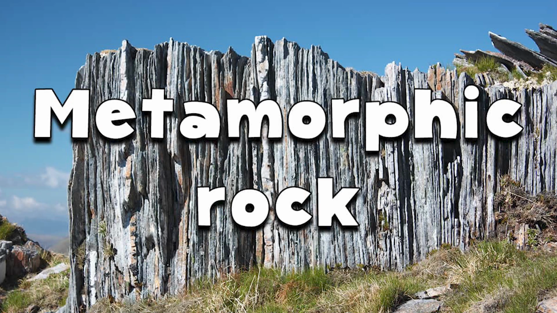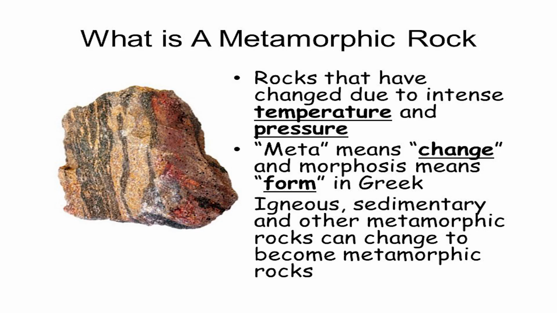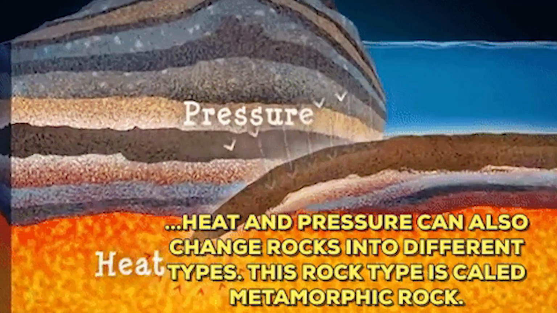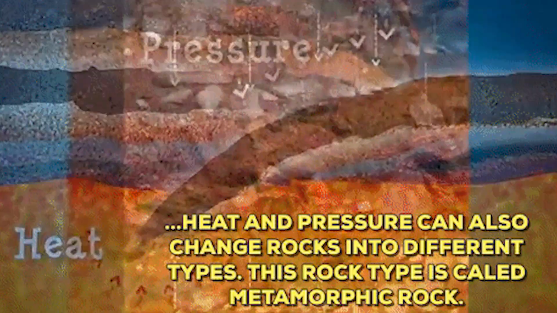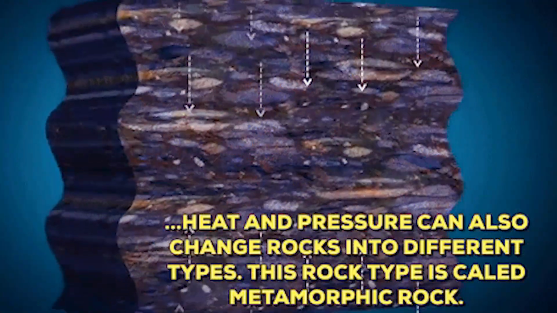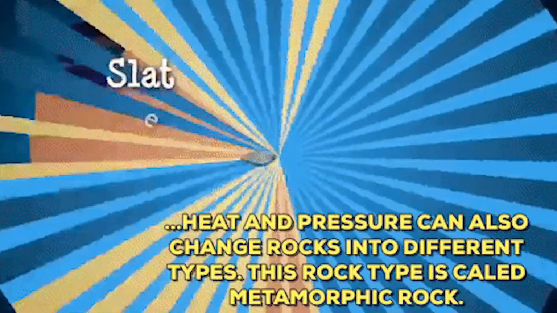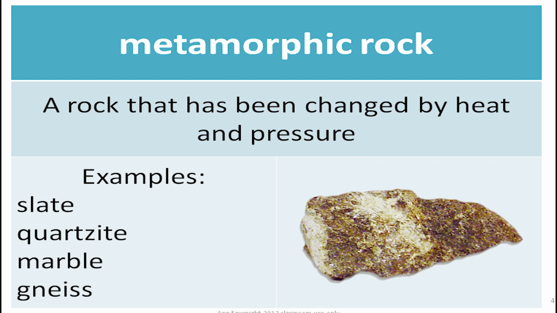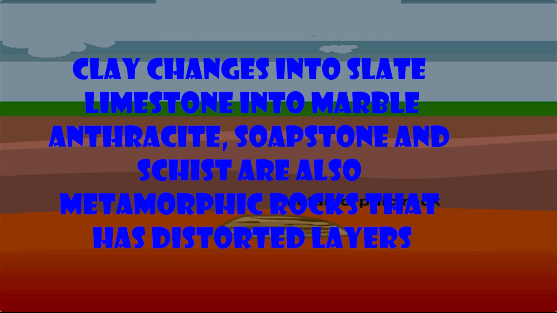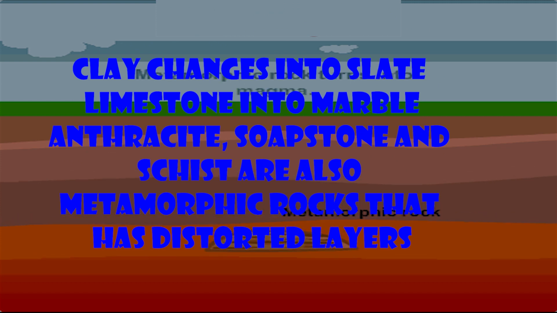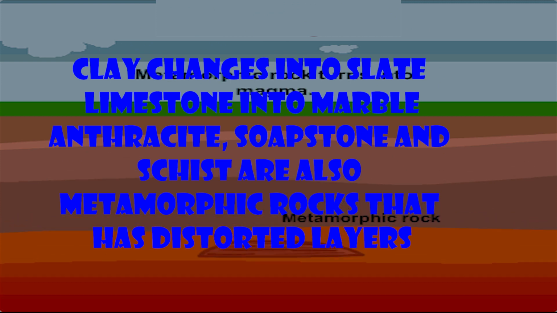The next type of rock is metamorphic rocks. Metamorphic rock is often made from the other types of rock. They are generally found inside the Earth's crust where they are transformed by great heat and pressure. For example, shale, a sedimentary rock, can be changed or metamorphosed into a metamorphic rock, such as slate or gneiss.